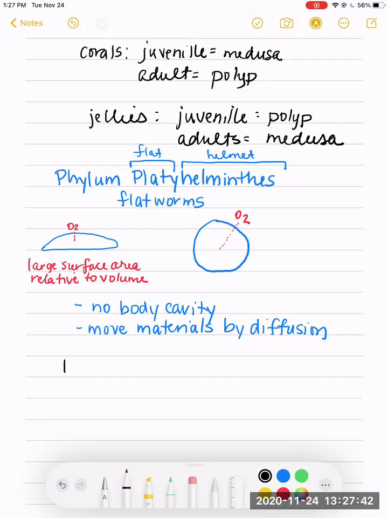Platyhelminthes are the first with three tissue layers. So they're called triploblastic.